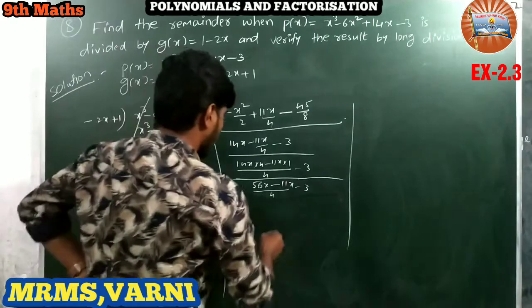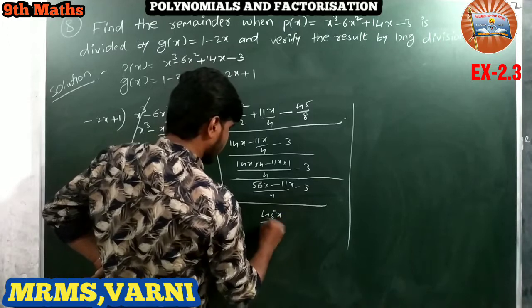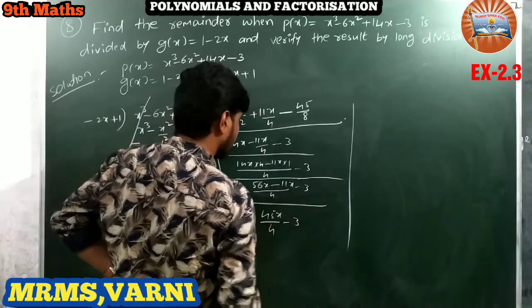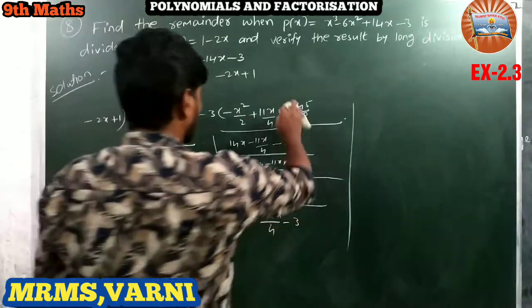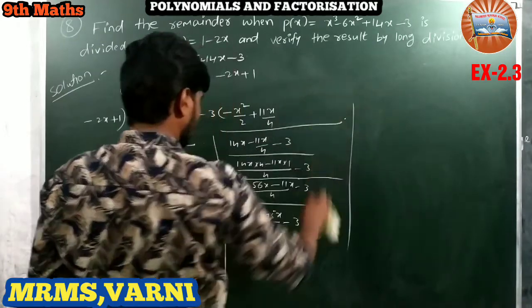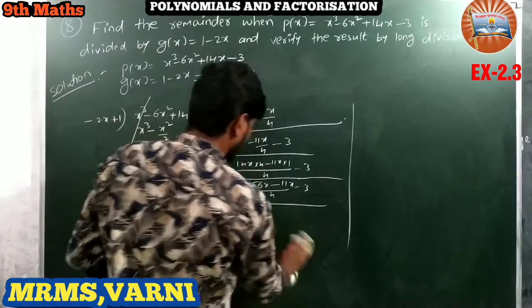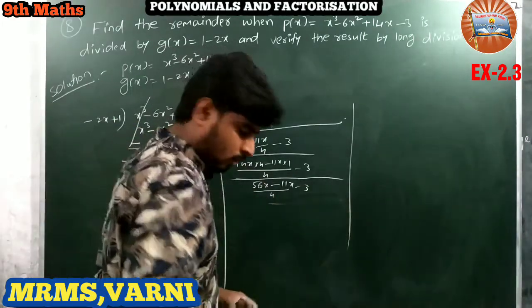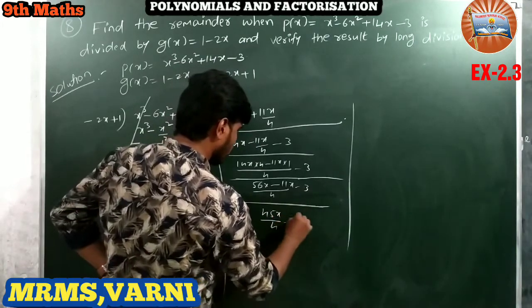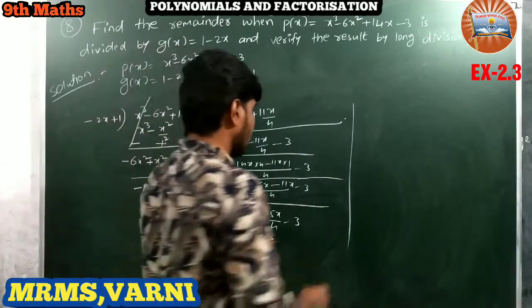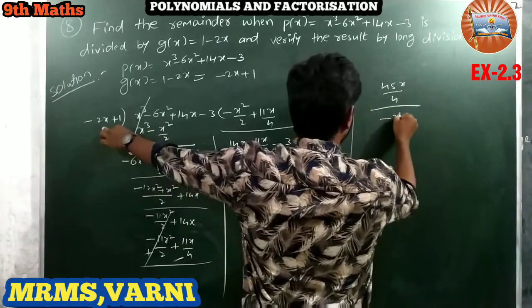So down here it becomes 45x by 4 minus 3. Okay. Now it becomes 45x by 4 minus 3. Now take the first term of this, 45x by 4 by minus 2x.